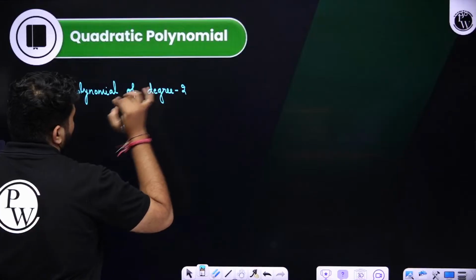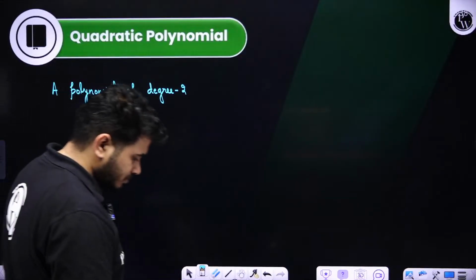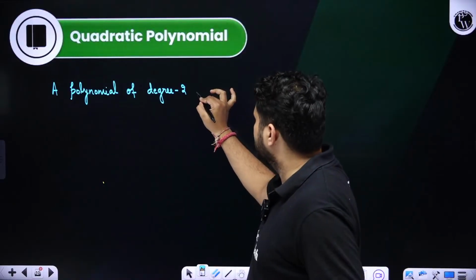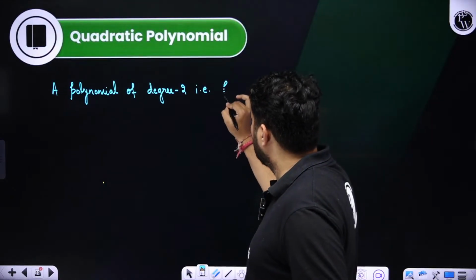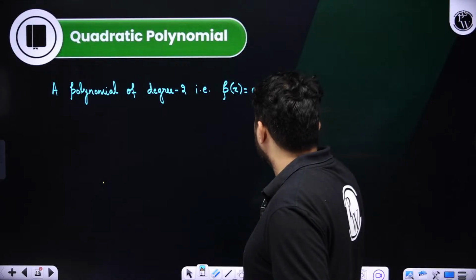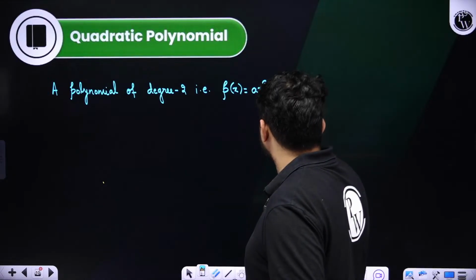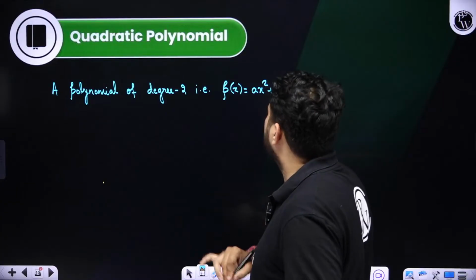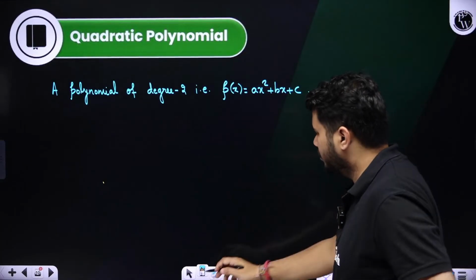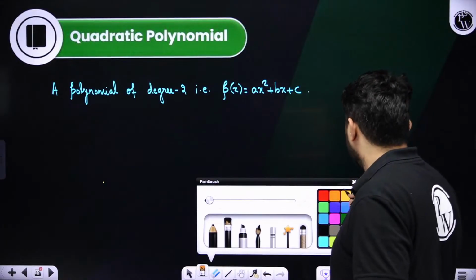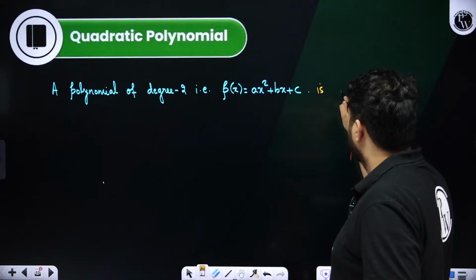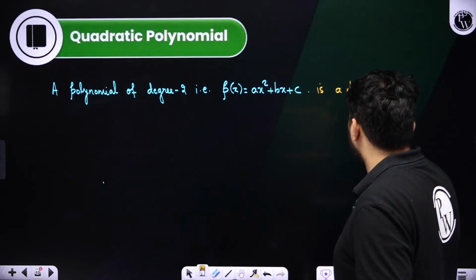A polynomial of degree 2, that is, p of x is equal to ax square plus bx plus c. Degree 2 because the highest power of the variable is 2. So a polynomial of degree 2 of this form is a quadratic polynomial.